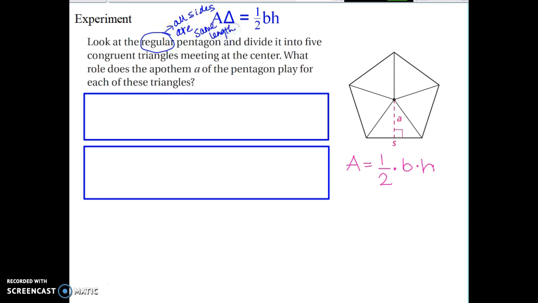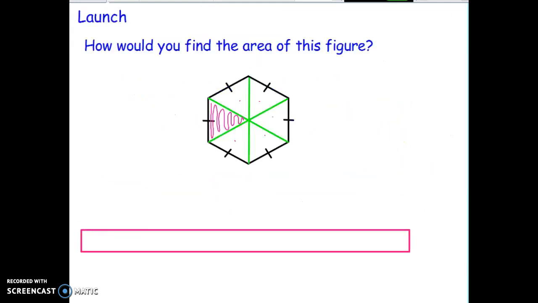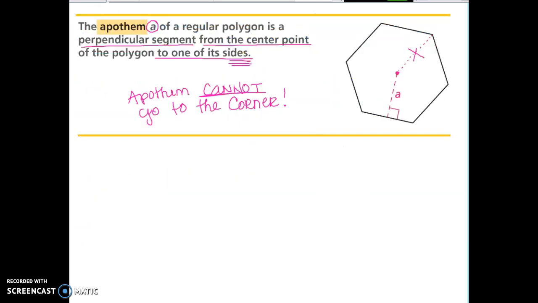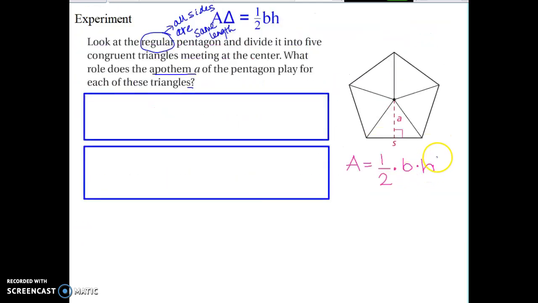So what role does the apothem of the pentagon play for each of these triangles? The apothem is labeled right here, and the apothem and the height are pretty much the same thing. So we could take height out of this equation and put apothem in. So we have A is equal to 1/2 times something times the apothem.